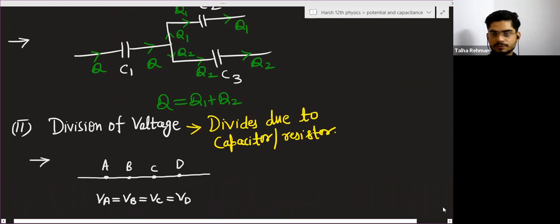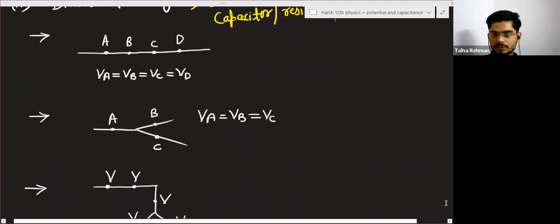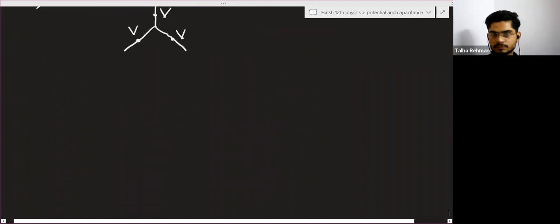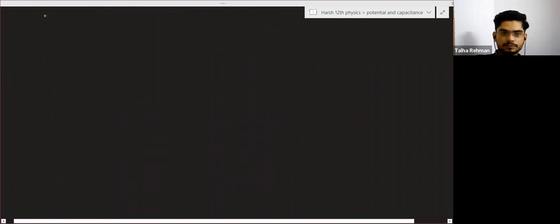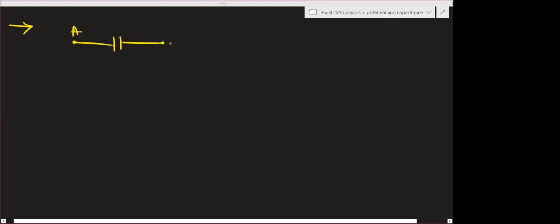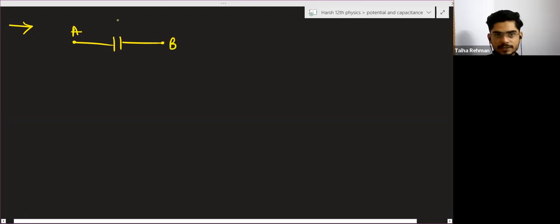Now see here. Suppose this is a point A, and this is a point B, and this is the capacitor C1.